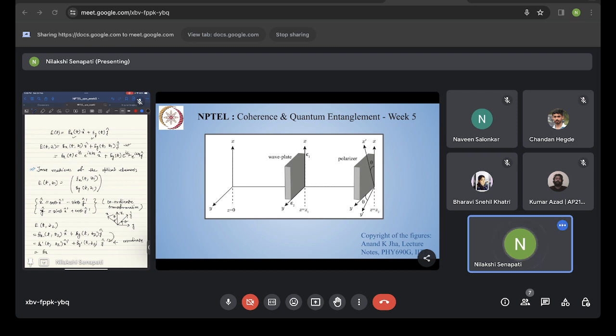Okay, so for that, what will be the thing? It will be E_x e^{i epsilon_1} cos theta. Let me not directly write it, let me do it step by step.